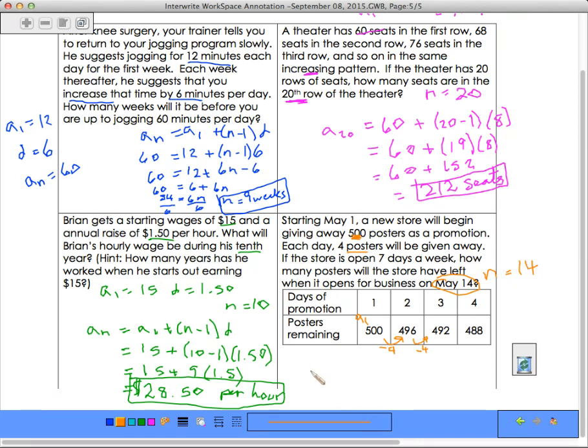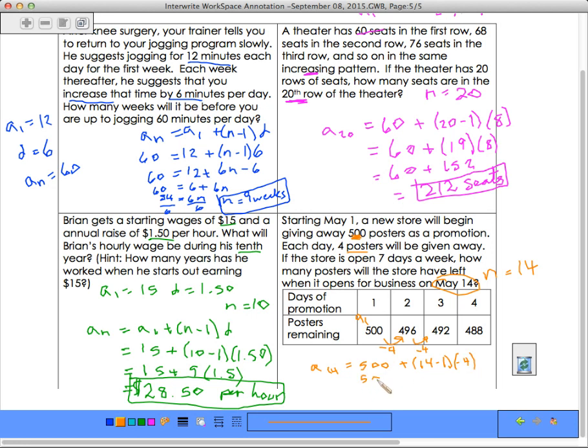So we're going to go back to our formula and say, okay, what will we have on the 14th day? What is A sub 14? A sub 1, we said was 500, plus n is 14 minus 1 times D is negative 4.